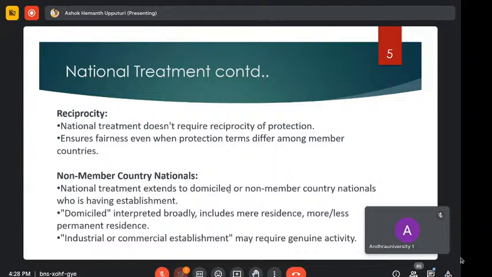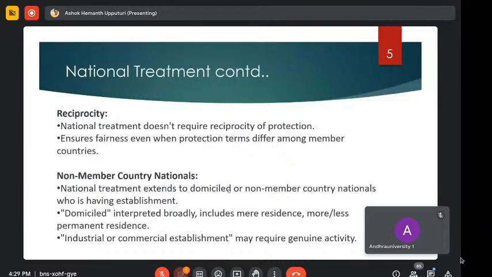India cannot ask that Chinese also should give 21 years for Indians who are staying in China. If India is giving 21 years for its own nations, you cannot ask China, if you give my nations 21 years, then only I will give. There is no obligation like that. That is what national treatment says.